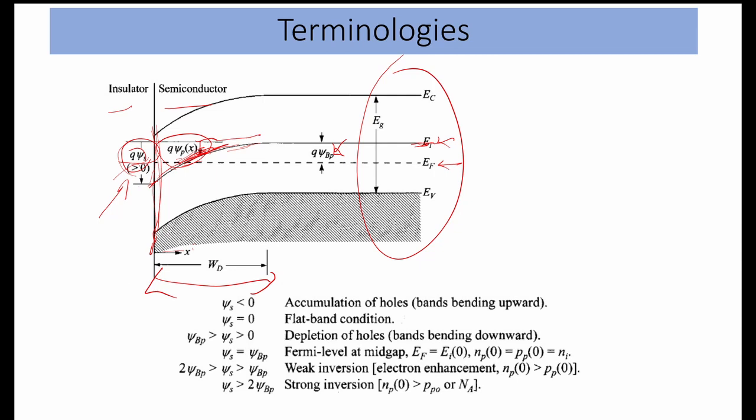So for this psi s, there will be upward band bending or downward bending, and the extent of the band bending will decide whether it is in the accumulation region, flat band condition, depletion region, or inversion, which we will see.